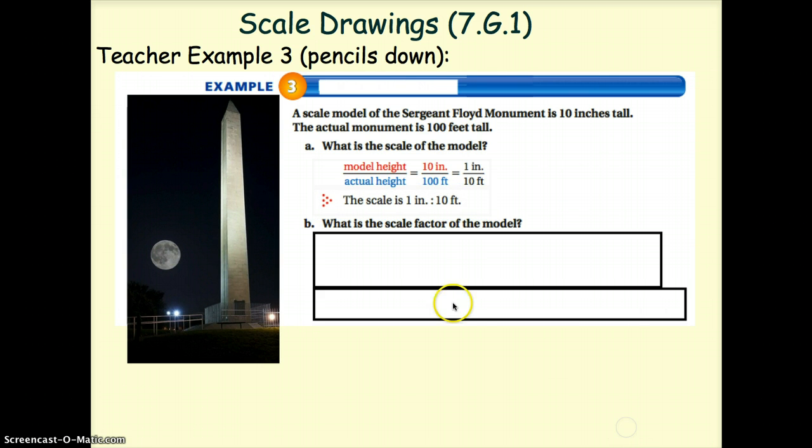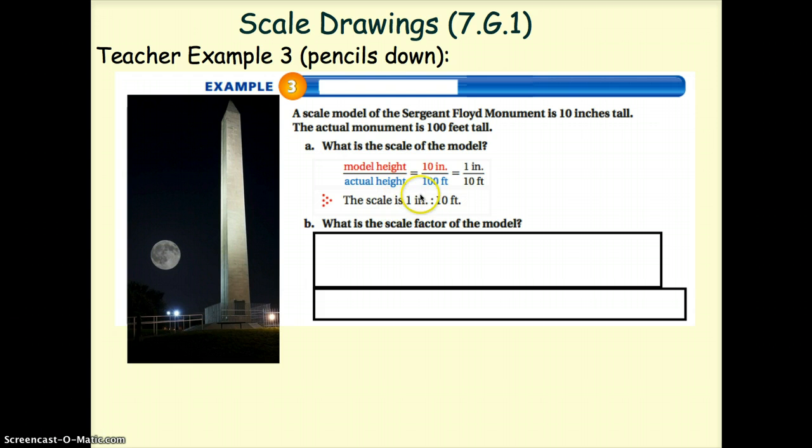Now the second part is where we're looking at getting rid of the units. What is the scale factor of the model? Now remember, that's when the numbers are written without units. So we either need to convert inches into feet or feet into inches. The important part here is whenever we're working with scale factor, the numerator is always 1.